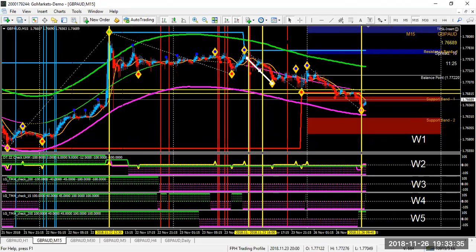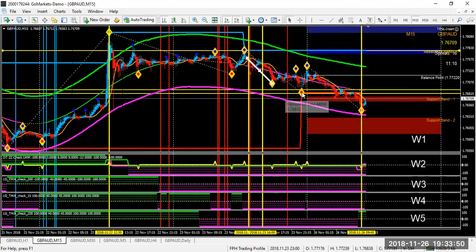The confirmed vertical line tells us that this is the current high time frame diamond. If it's a current time frame high diamond, that means it needs to get a current low price diamond, the red diamonds.